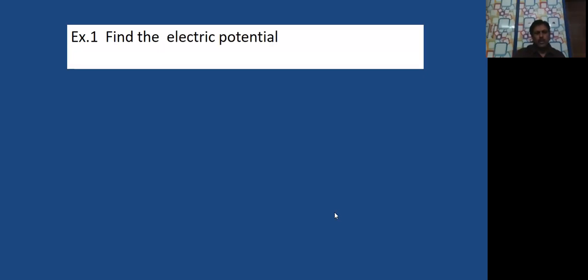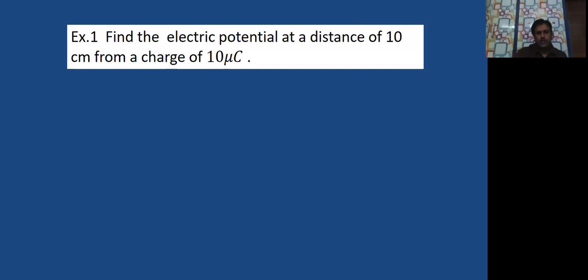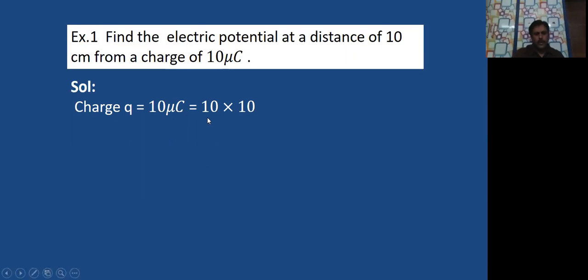The first numerical example. Find the electric potential at a distance of 10 centimeters from a charge of 10 microcoulombs. Simple example to start with. Let us see the solution. Charge Q, how much? 10 microcoulombs.